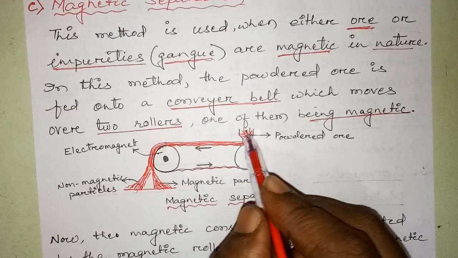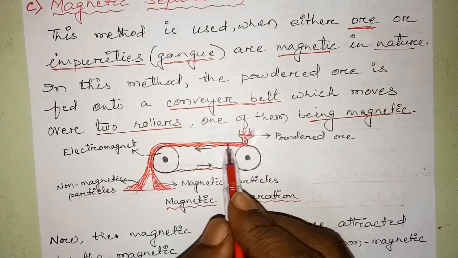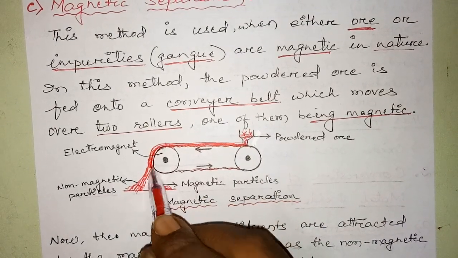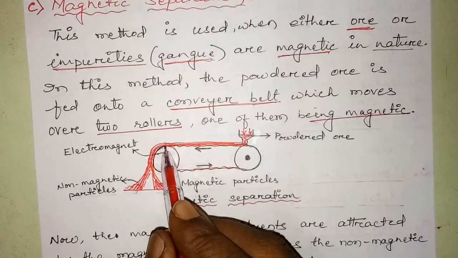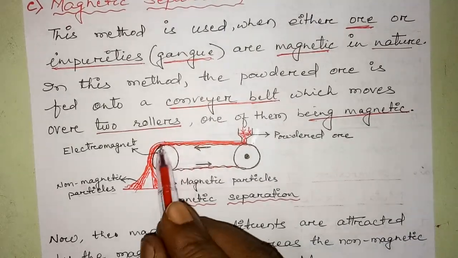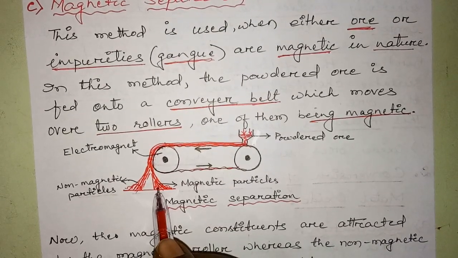Understood? Then when the powdered ore is poured like this, the ore passes over the belt and it is divided into two parts. The magnetic ore is attracted by the magnetic roller and is collected here like this.